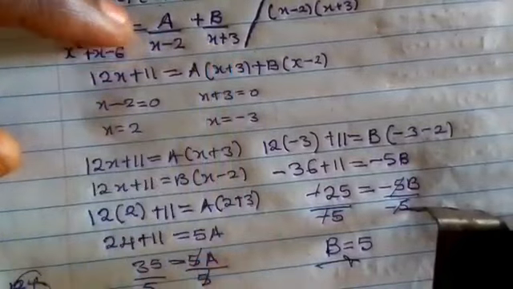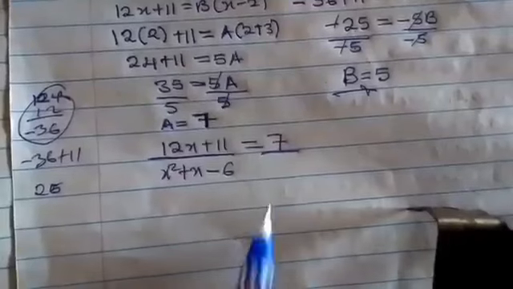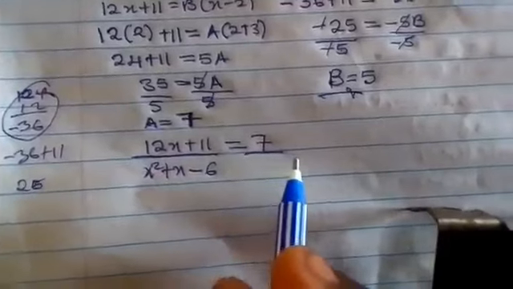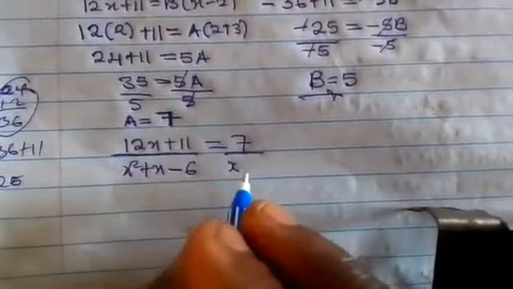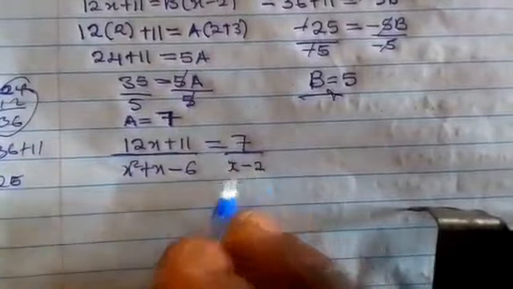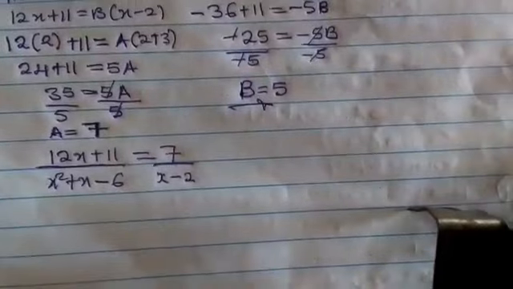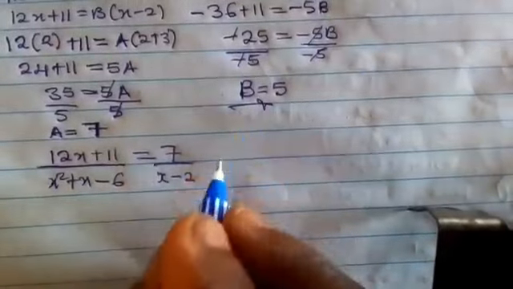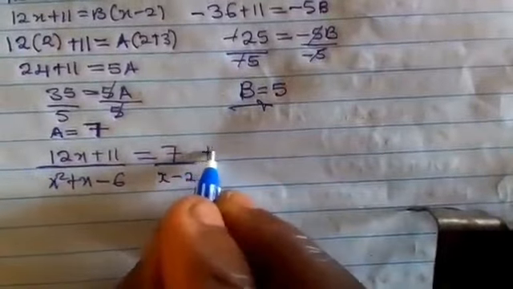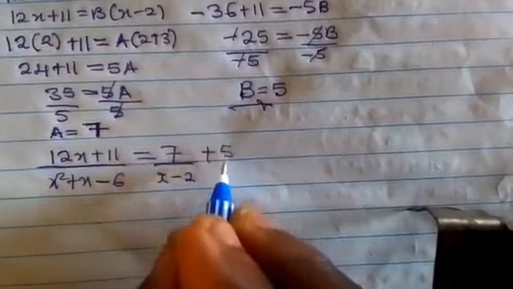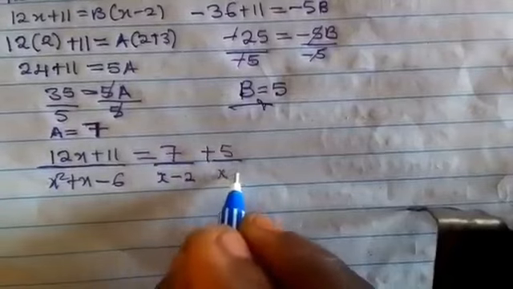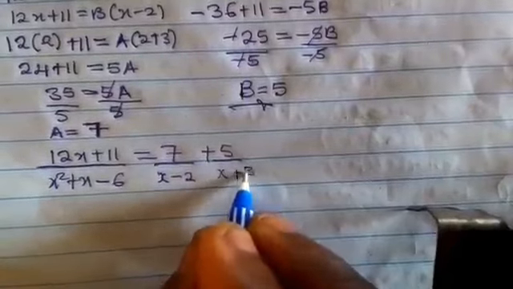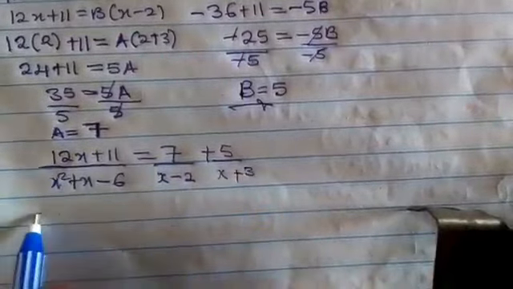Okay, so it is 7 over x minus 2. Then as for b, the value of b is positive, so which means I'm just going to put positive. Then 5 over the linear factor of b, it is x plus 3. So as you can see, this one here is our final answer.